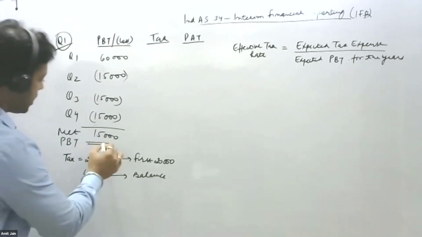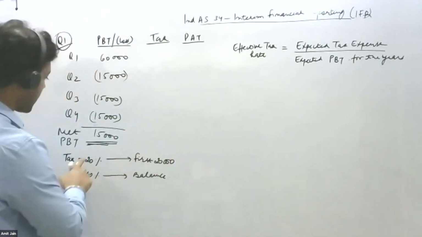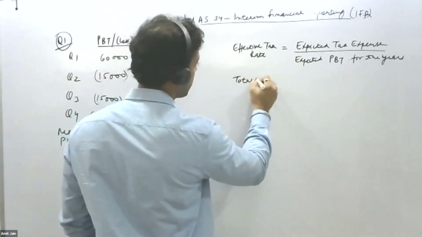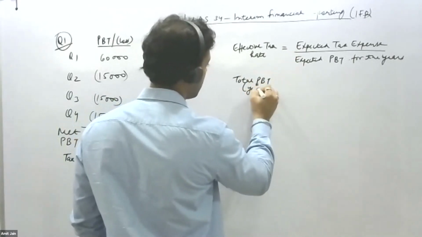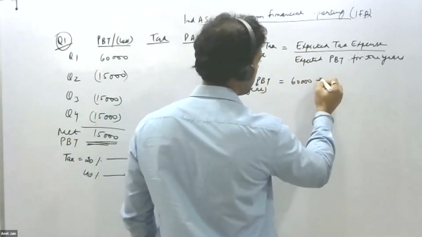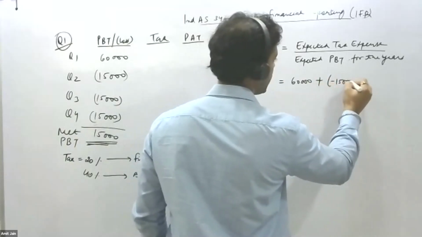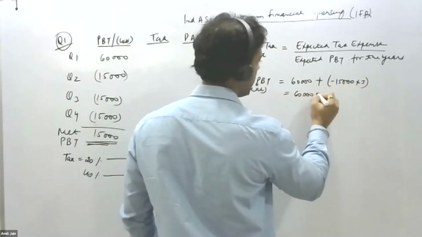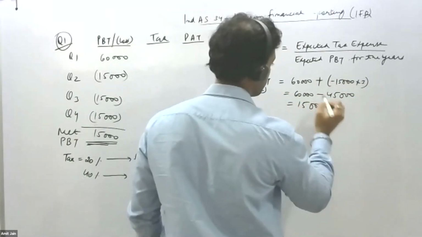So what is the tax rate on this 15,000 rupees? Total PBT for the year is 60,000 minus 15,000 into 3, so this will be 60,000 minus 45,000, and this will be 15,000, right?